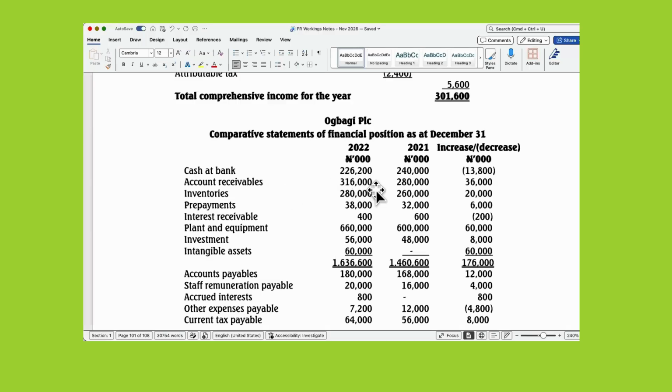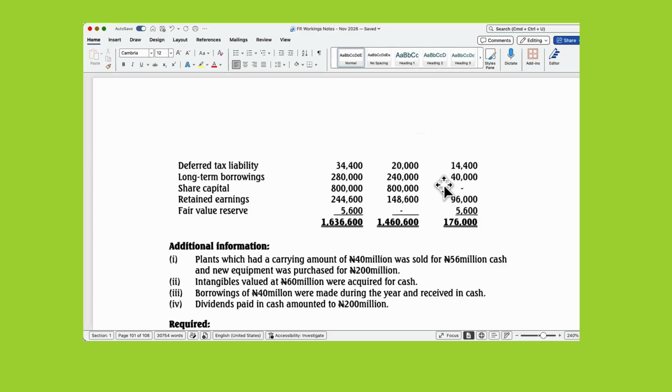And I can see that they already gave me the increase of 36,000. It increased by 36,000. That means my receivables for this year is 36,000. And that means that's my credit sales for this year. With that information, I can easily get my cash sales.